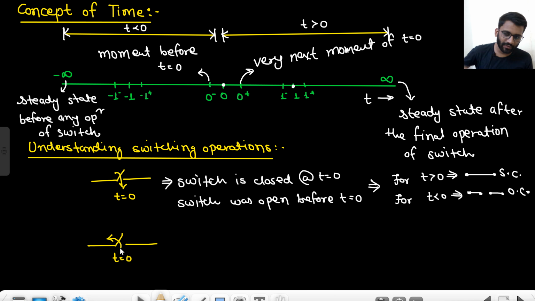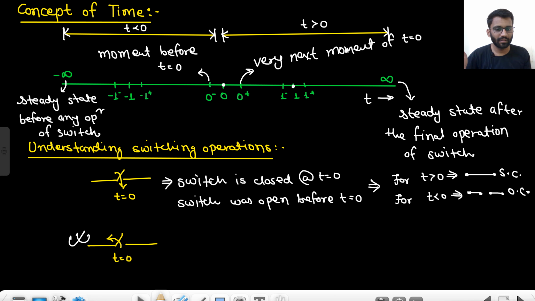Now if they are making the sign like this, that means the switch was closed at t equals minus infinity. Before it was closed, but now they are opening it. That means after t equals 0, the switch will be open.